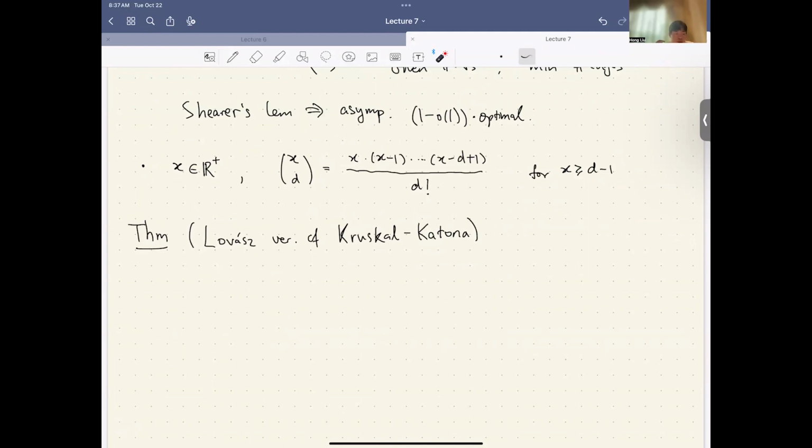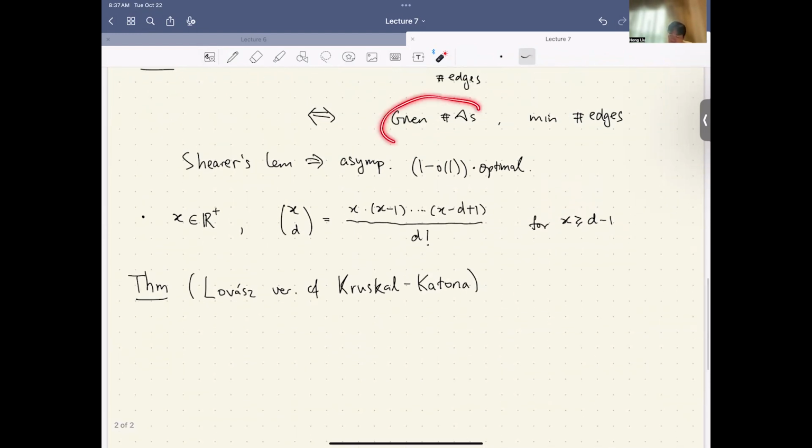So we have a family of, we think of K_ds, given a number of K_ds as d-subsets of a ground set. So we have some ground set, finite, let's say.